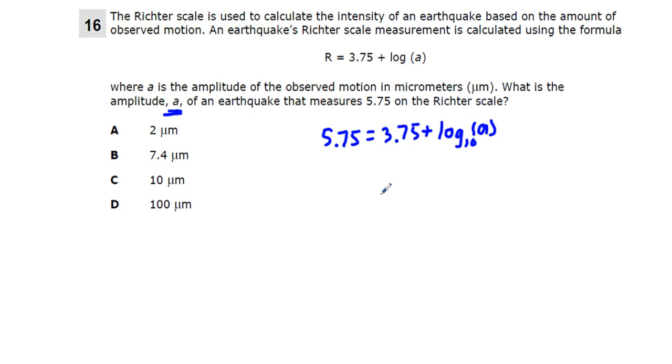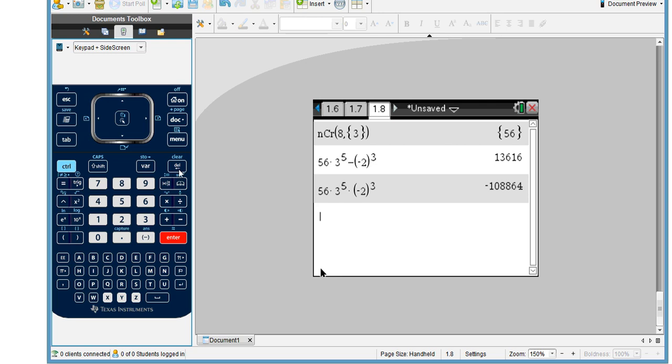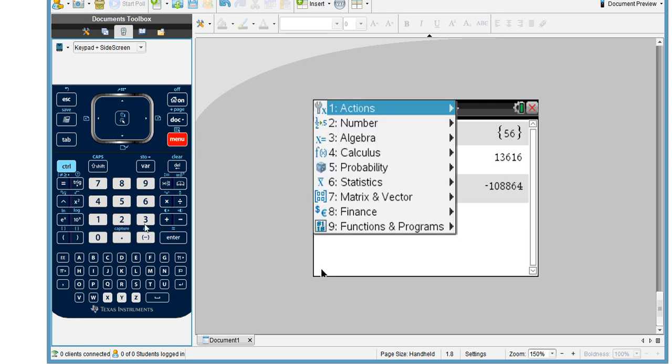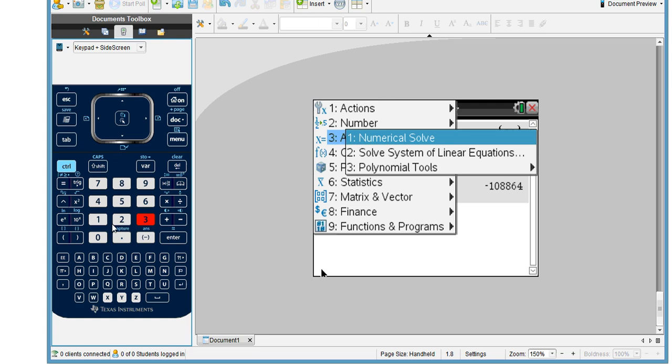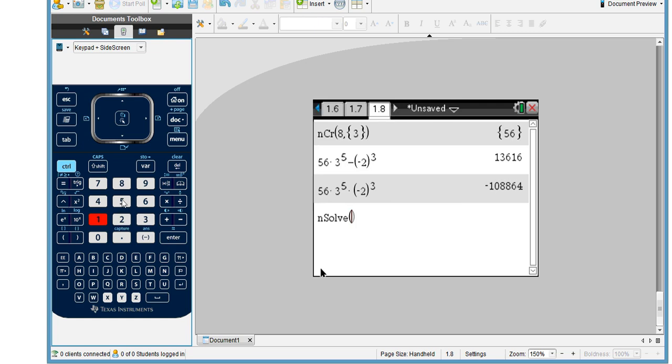And you can work it different ways from here. One way I would recommend if you get an equation like this is to use numerical solve. That'd be really easy to do. So for numerical solve, press menu, 3, 1, and we're going to say 5.75 is equal to 3.75 plus log base 10 of A. Make sure I get the right equation here.